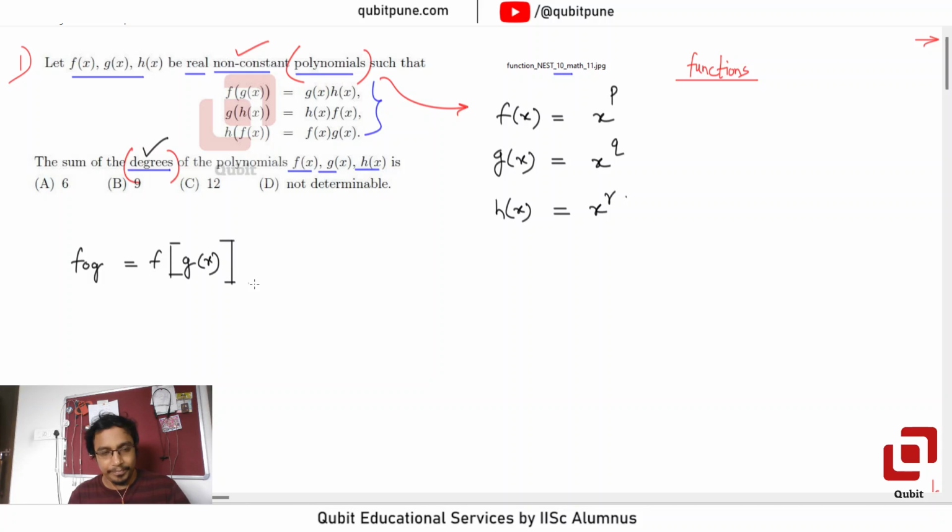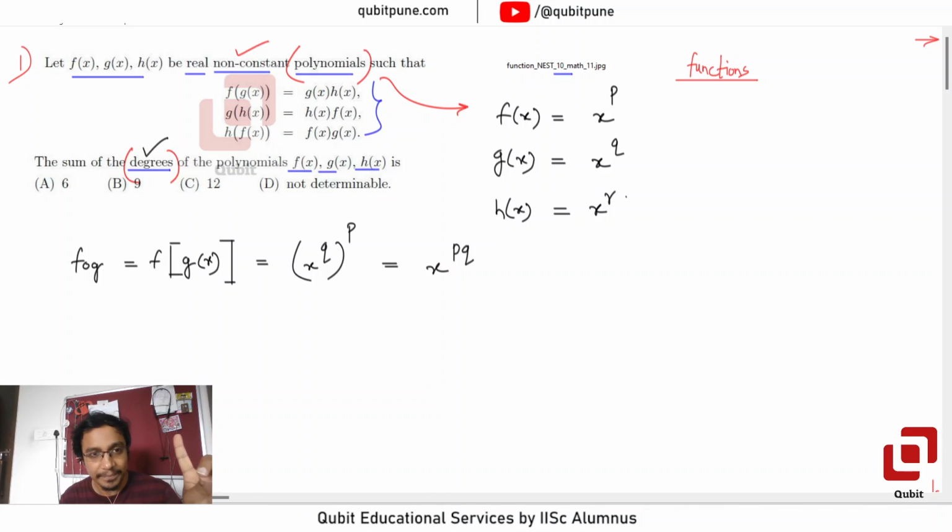So we should be raising x raised to q, which is g, to the power p. And by the rule of indices, will this not be equal to x raised to pq? It's not multiplication, it's composition.